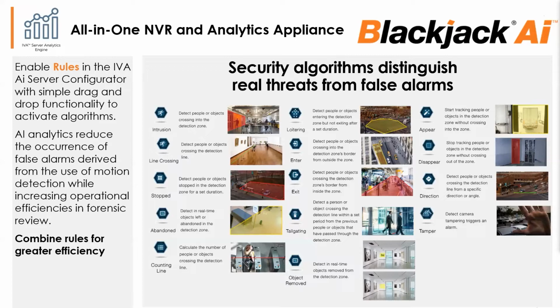So now we can take all the same analytics that we have from the IVA Plus. We're going to be able to do those enters, those exits, those tailgates, those tampers, objects removed. All of those are still going to be in this software.